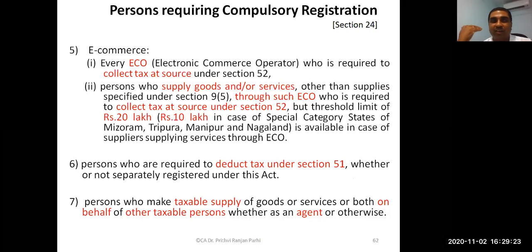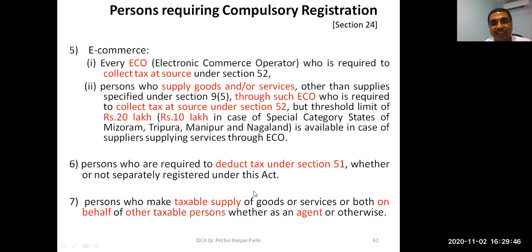GST provisions also contain some TDS provisions in certain situations, like government organizations, public sector organizations, and some specific organizations required to deduct tax at source. So if these TDS provisions are applicable to a person, he is also required to get himself registered compulsorily.